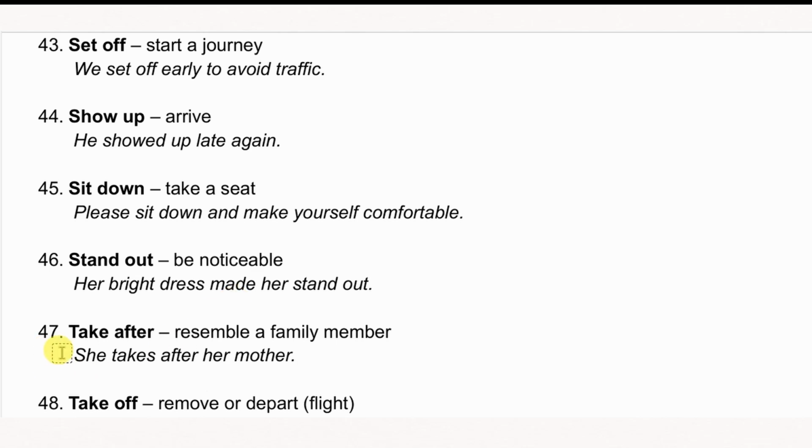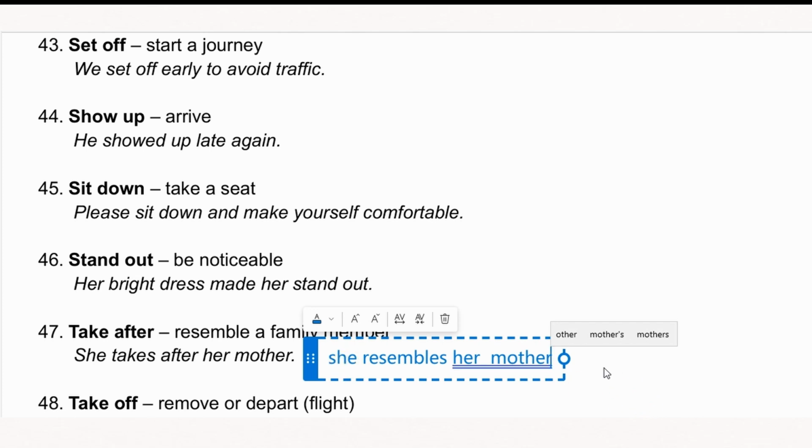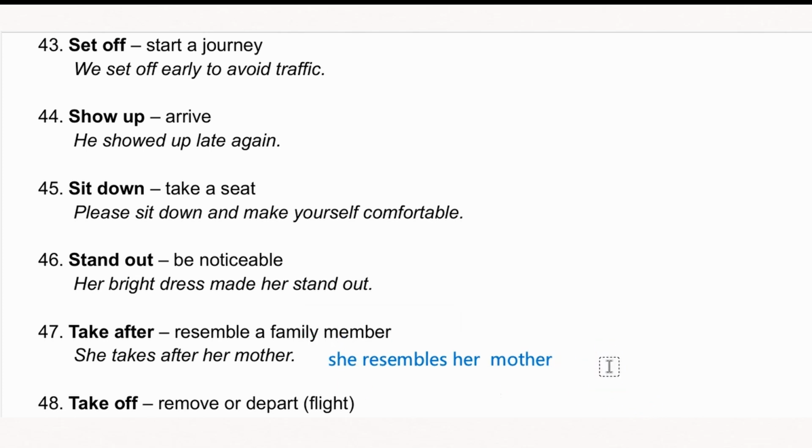47. Take after. To take after means to resemble a family member. She takes after her mother. When we say she takes after her mother, it means she resembles her mother.